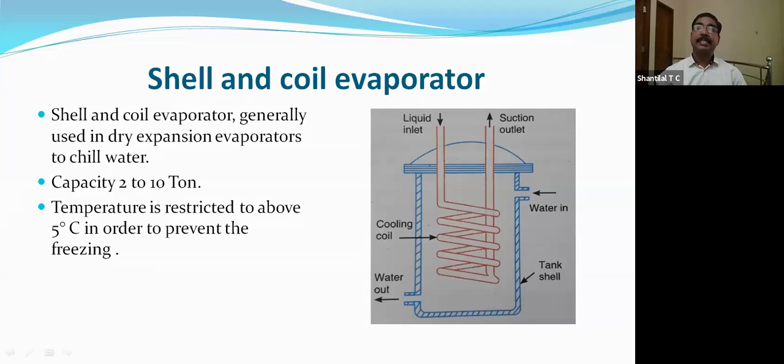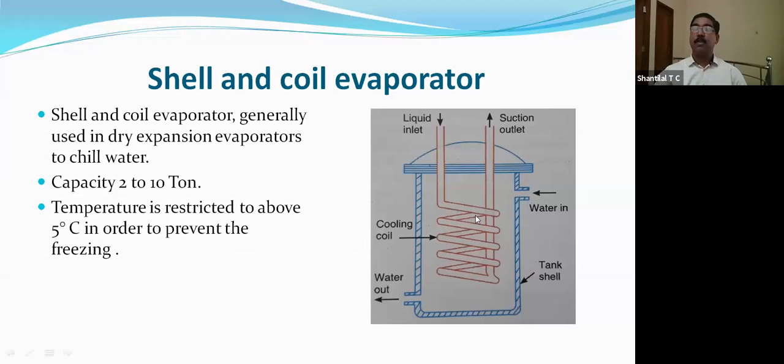This is the shell and coil type evaporator construction and working, and it is generally used for small capacity. That means we select it for 2 to 10 ton capacity, and its cooling is maintained up to 5 degrees centigrade, because below 5 degrees, or 4 degrees, or close to 0 degrees, the water will freeze.